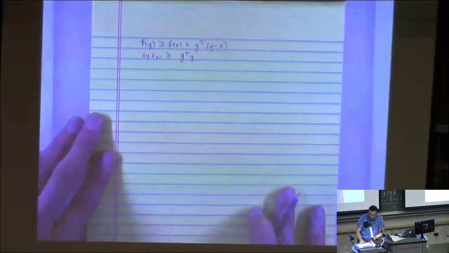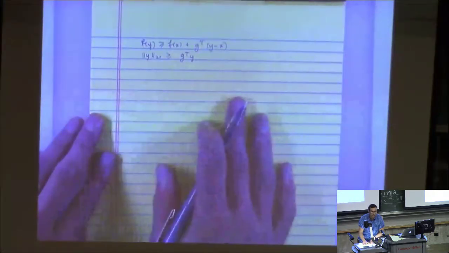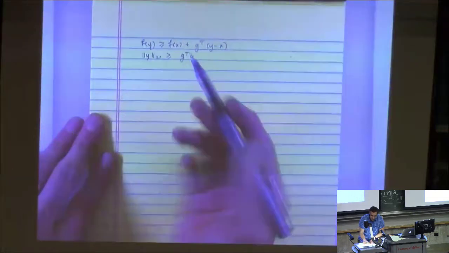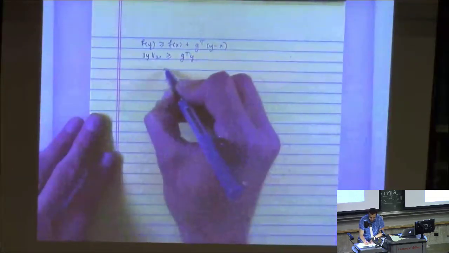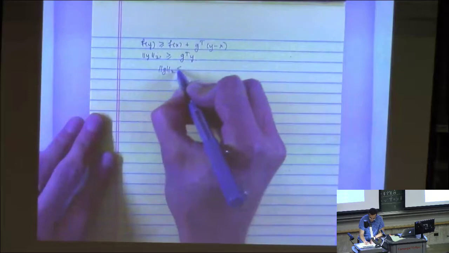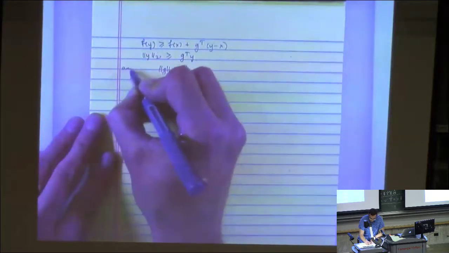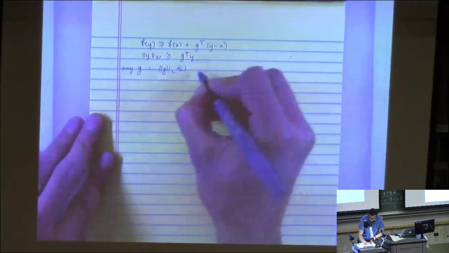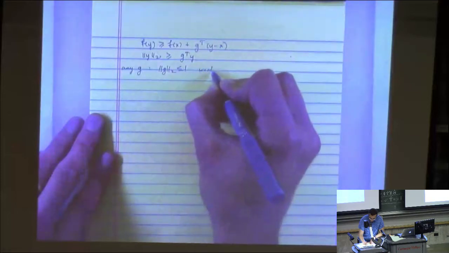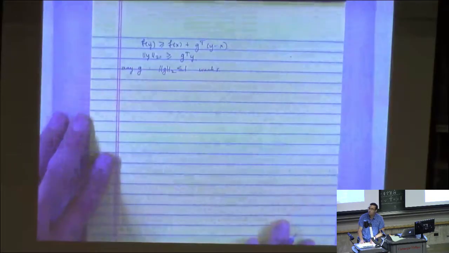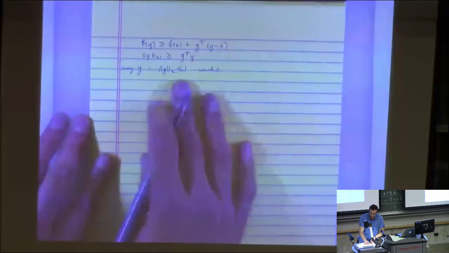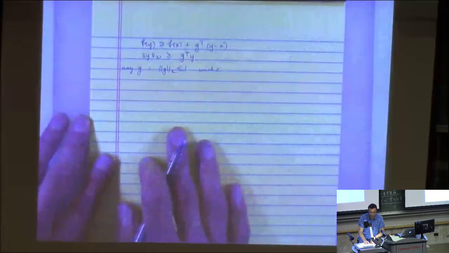Now we can see directly, from Cauchy-Schwarz, that this is satisfied if and only if the norm of g is less than or equal to 1. So any g such that the norm of g is less than or equal to 1 will work. That's how we would characterize, for example, the subgradients of the L2 norm at 0.